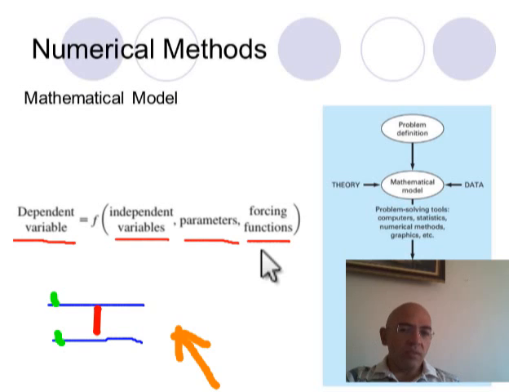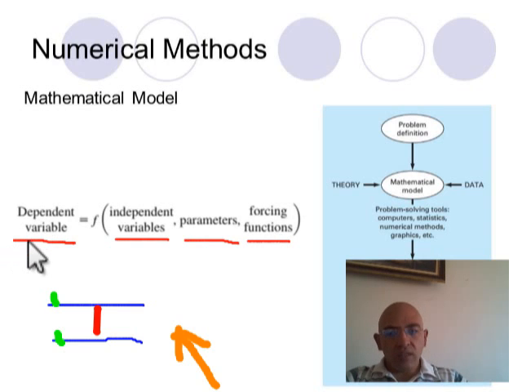Certainly this wind speed will affect the motion of these two cars, and will try to drive them out of the road. And that's the forcing function.